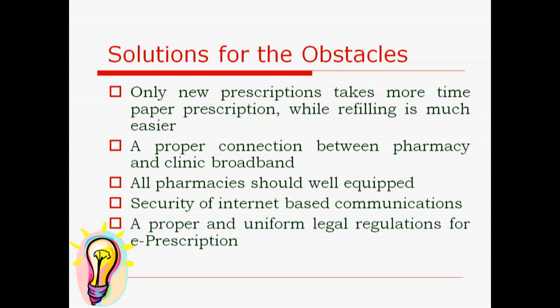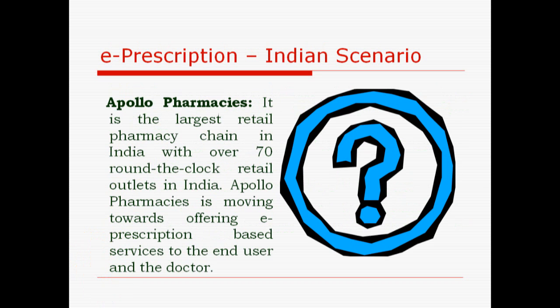Paper prescription while refilling is much easier. A proper connection between pharmacy and clinical board. All pharmacies should be well equipped. Security of internet based communications. A proper and uniform legal regulation for electronic prescription. These are also a few solutions which could be put forward to overcome the obstacles.